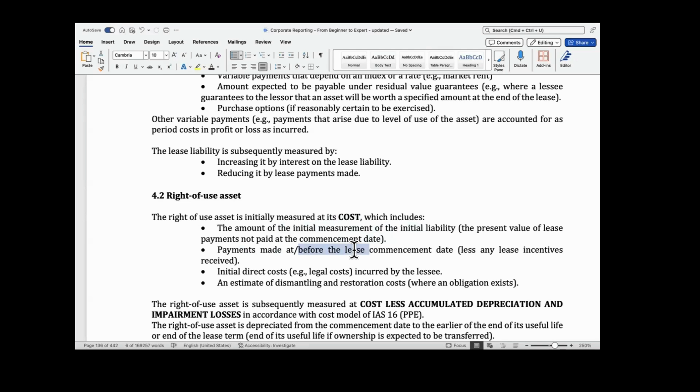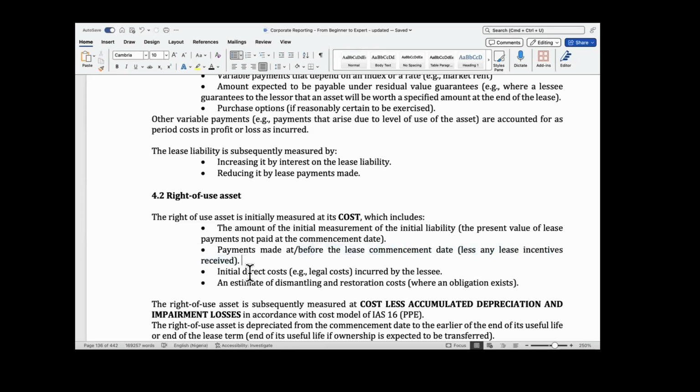which is that deposit I told you about, that would also be added. And you can less any lease incentives. So at the commencement date, it's possible that the lessor has given you some sort of incentive, some sort of reduction in price that you're expected to deduct from the payment at the commencement date.